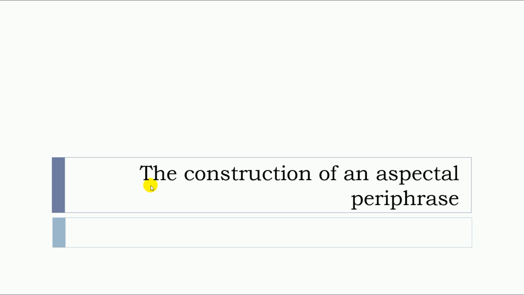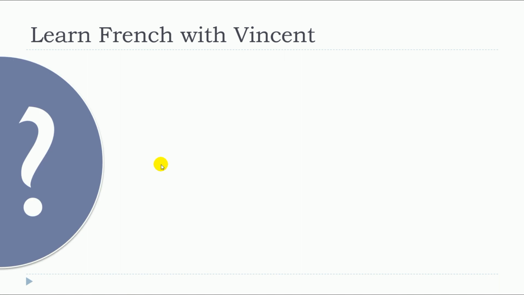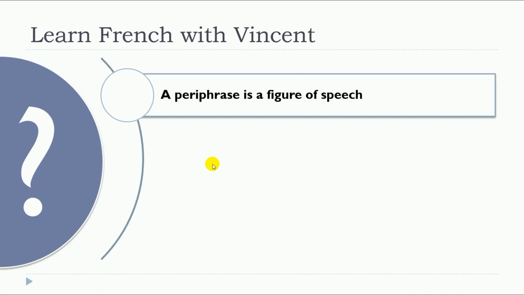In this lesson, we will see together the construction of an aspectual periphrase. So, of course, the question is, what is une periphrase? A periphrase is a figure of speech.